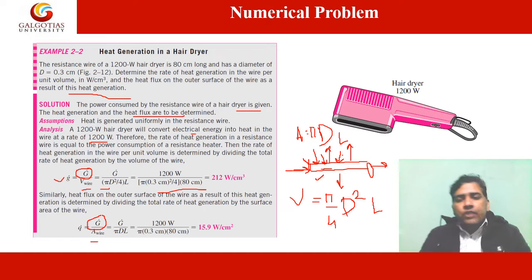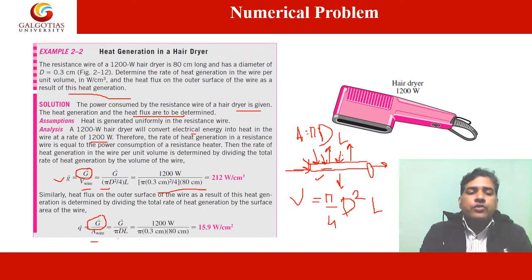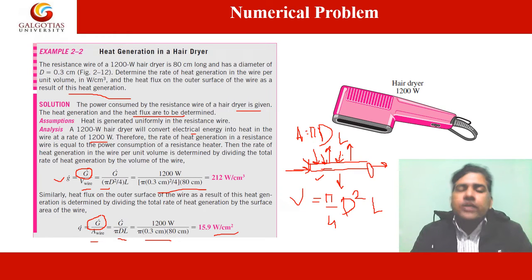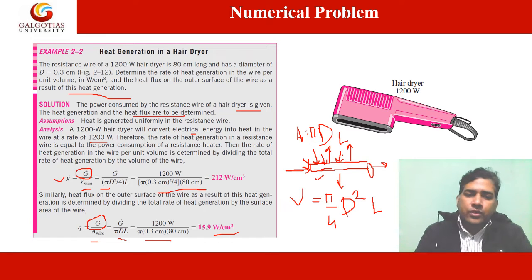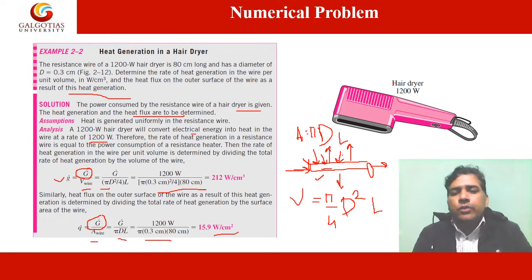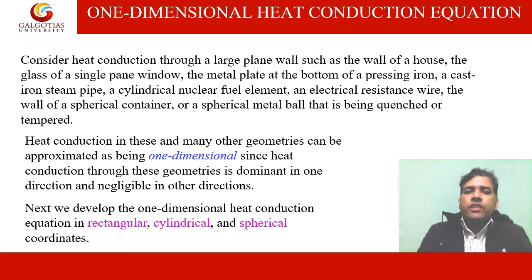We are using this area because the majority of the heat transfer will take place from this area only. We put the values here and we get the final answer. This is how the heat flux is obtained. The heat flux obtained is 15.9 watt per centimeter square. So our problem is solved.